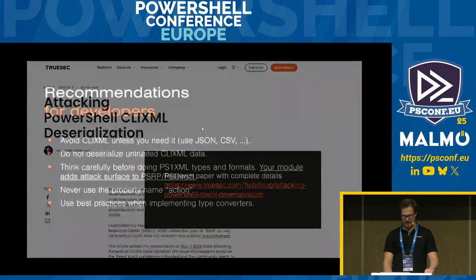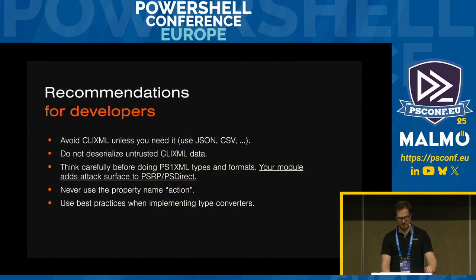And then we also have the thing for developers, which is that we need to keep in mind when we develop PowerShell modules not to create types that can be abused. We also need to make sure that we don't import CLI XML from the beginning, because it's probably not a good idea.